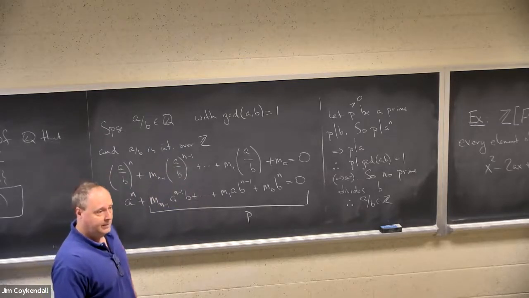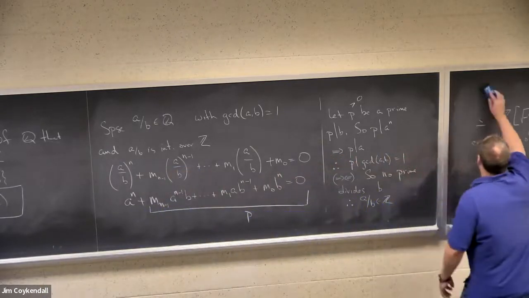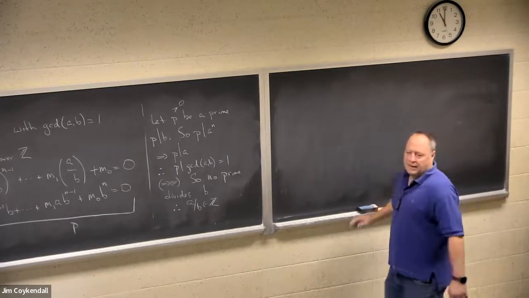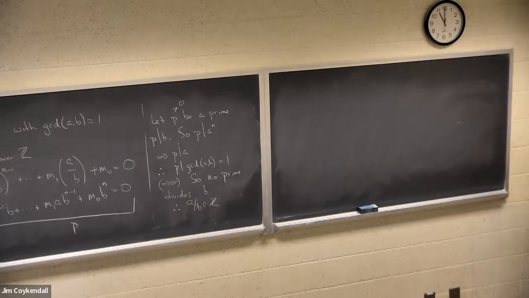So the elements of the rational numbers that are integral over Z are just the elements of Z themselves. By the way, anybody look at that proof and tell me there is an easy generalization of this? I can replace Z by what? The only thing I really needed was to be able to divide out GCDs. I needed there to be primes.